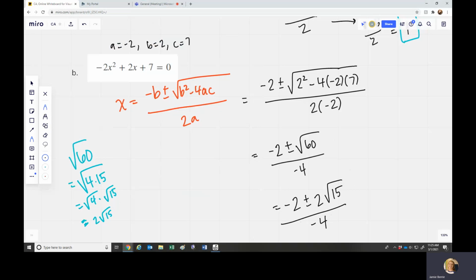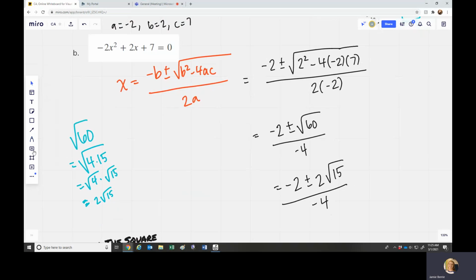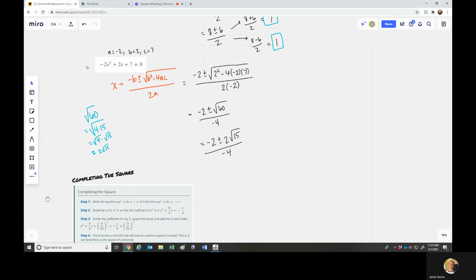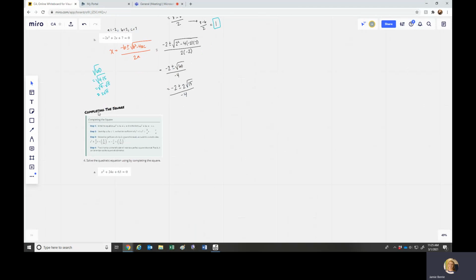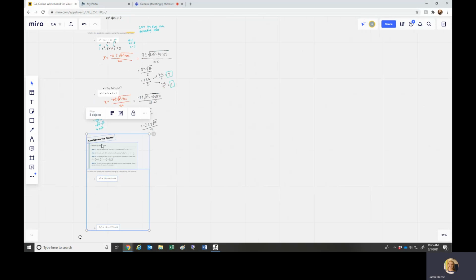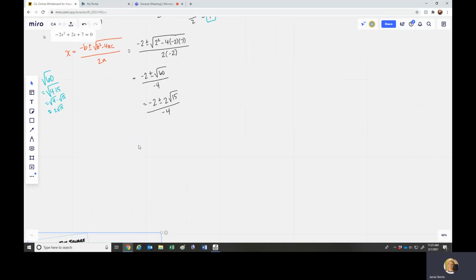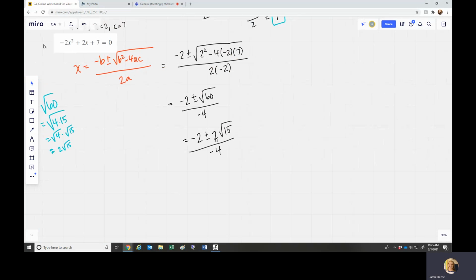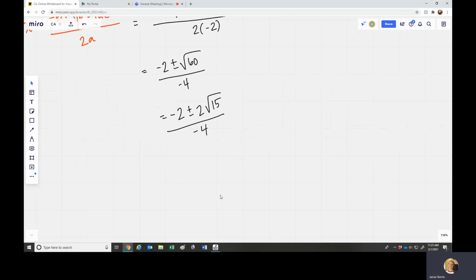Okay, we're almost done. The only thing I'm seeing here is that I have a common factor in the top. I could pull out a 2. So let's do that.